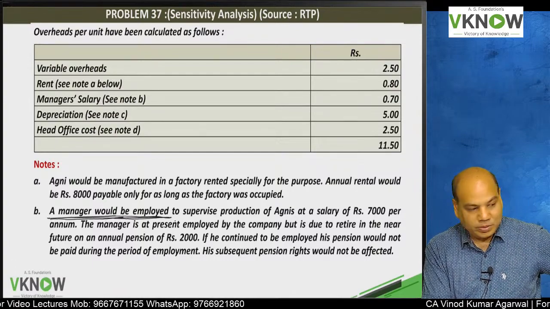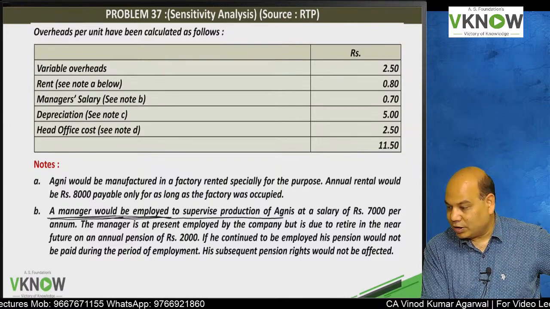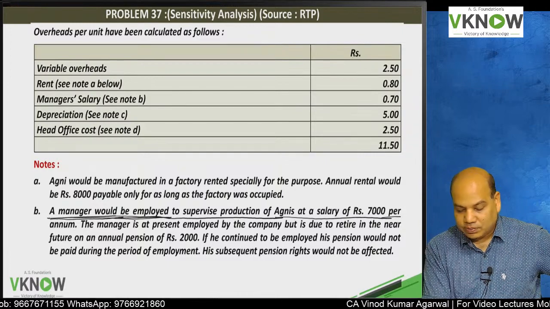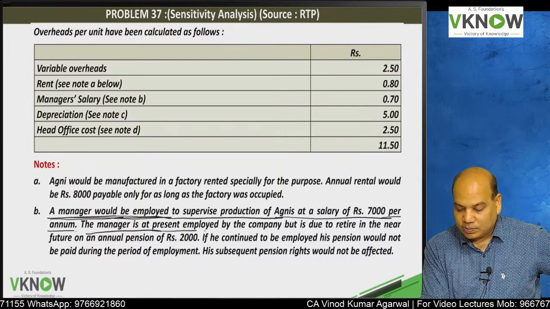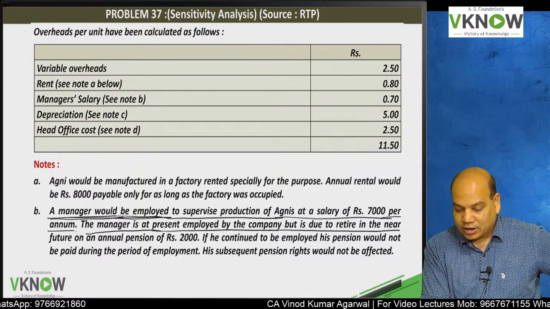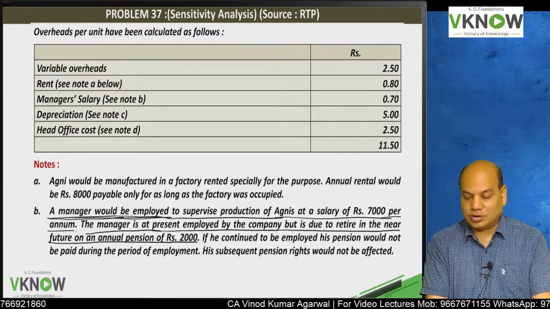A manager would be employed to supervise production of Agni at a salary of 7,000 per annum. The manager is at present employed by the company, but he is due to retire in the near future on an annual pension of 2,000.